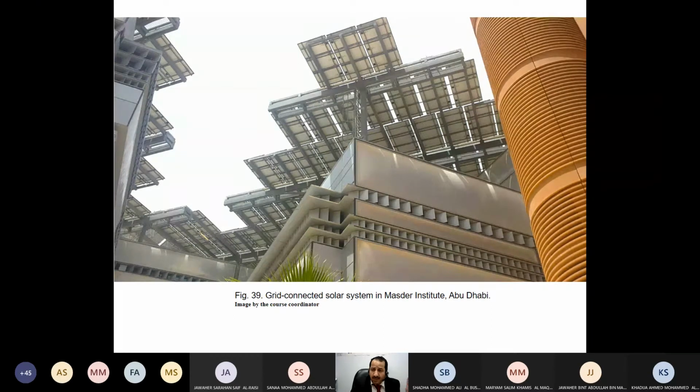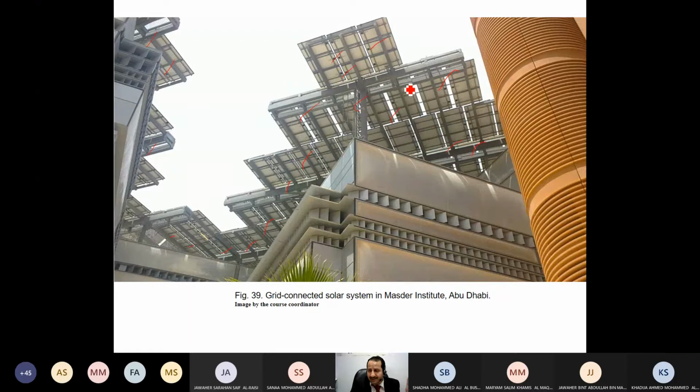Sometimes it's smart to use the panels like this. You see here, these are panels at the Masdar Institute in Abu Dhabi. We visited them maybe more than 15 years back. I took our students there. You see, it makes shadow.